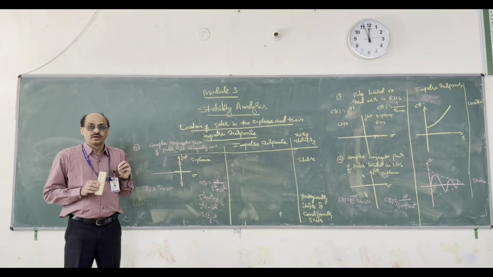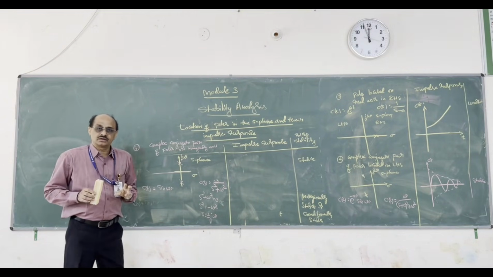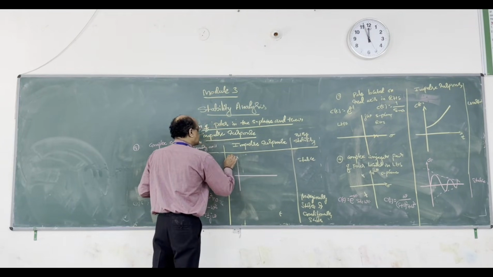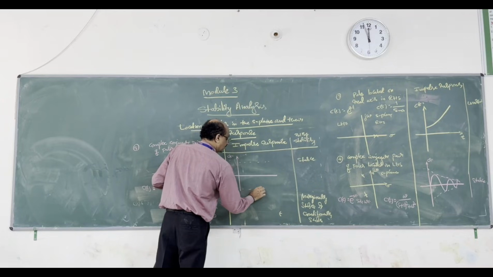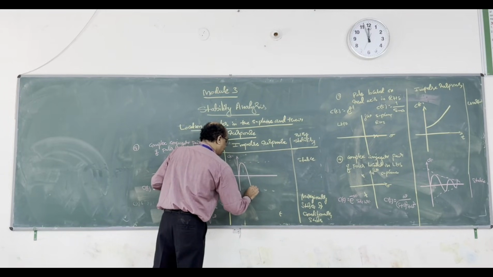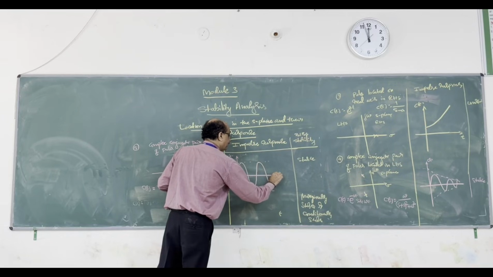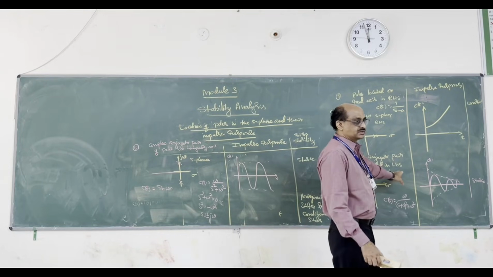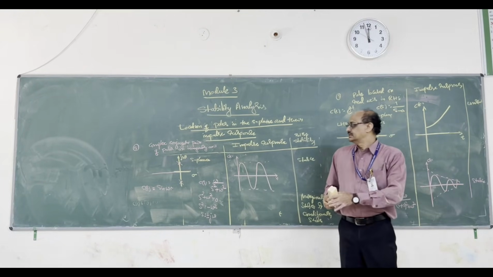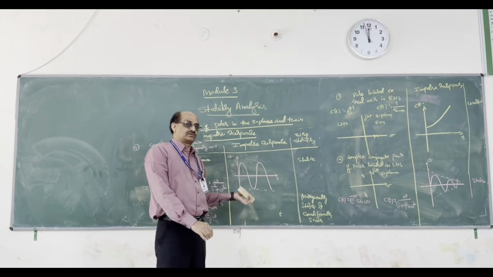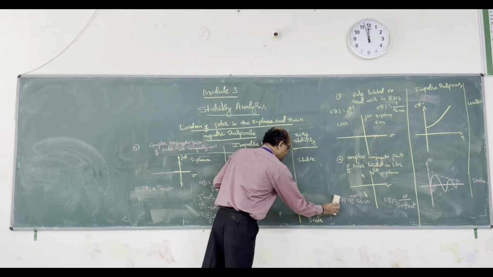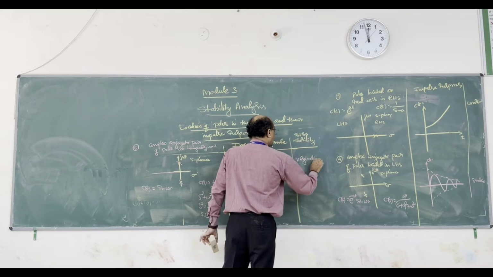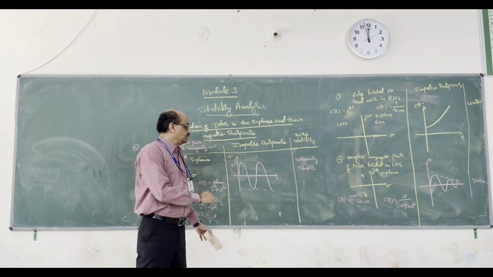If this is the situation, you will get the undamped response with natural frequency omega n. This is termed as marginally stable.